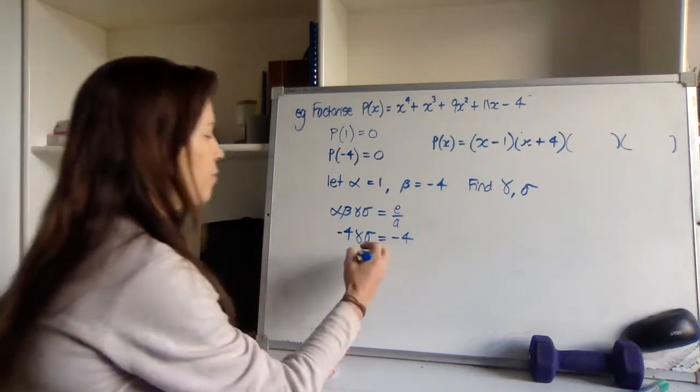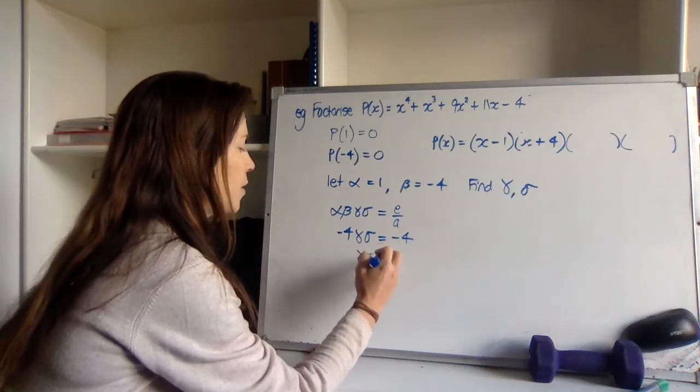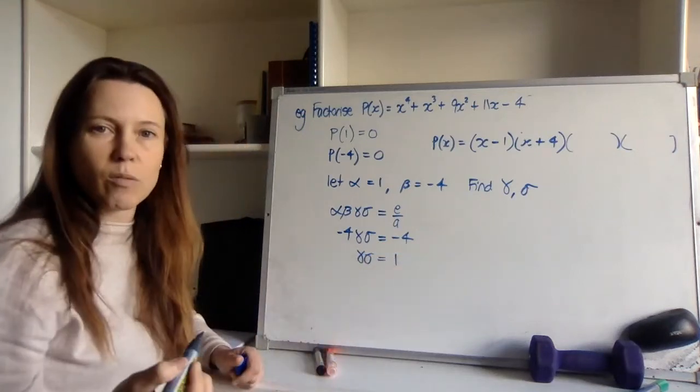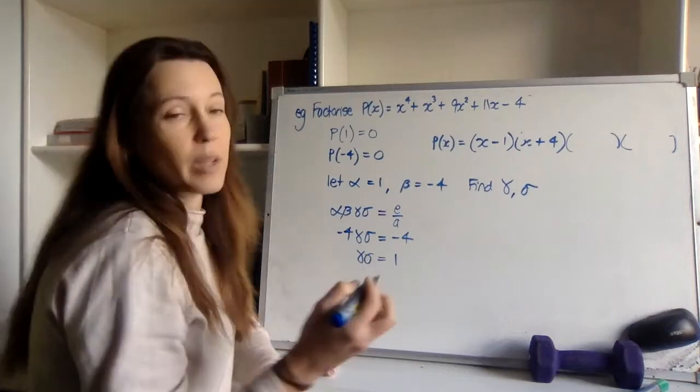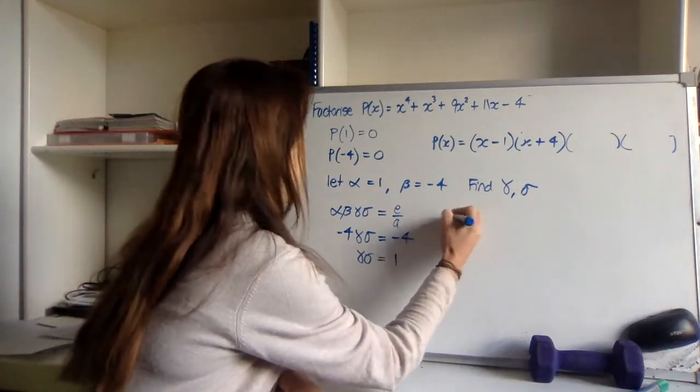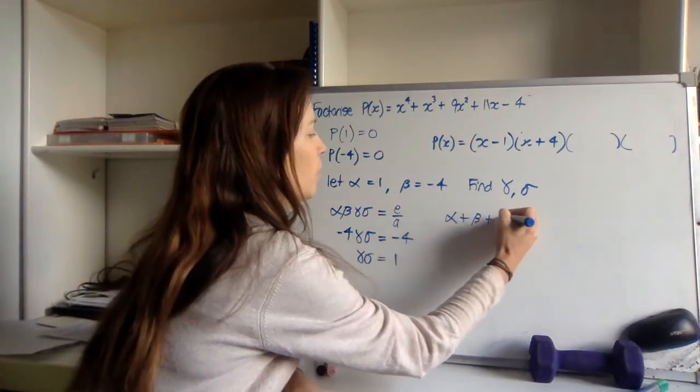Dividing both sides by -4, I can see that the two roots that I don't know, when they're multiplied together, need to equal 1.